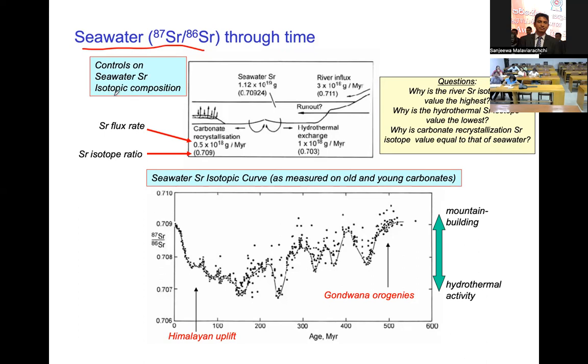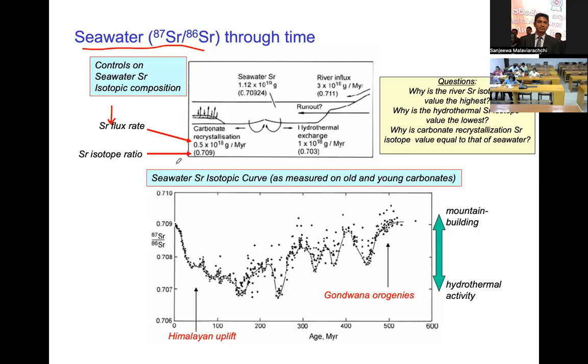Strontium flux rate: that means how much strontium you are getting into the seawater, whether the flux is rapid or not. If a lot of erosion is taking place, a lot of material from the continents will come into the sea, right? So there is a strontium flux.